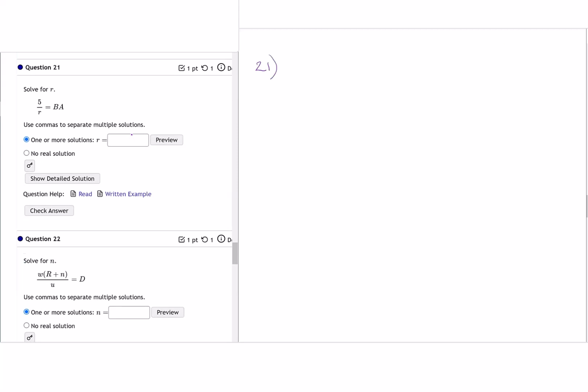21. Here we're going to solve for R. We have 5 over R equals capital B times A. We want to solve for R, which means we want R by itself, but it's in the denominator. We need it in the numerator. Multiply both sides by R. That'll cancel this R. And I get 5 equals capital B, capital A, small r.